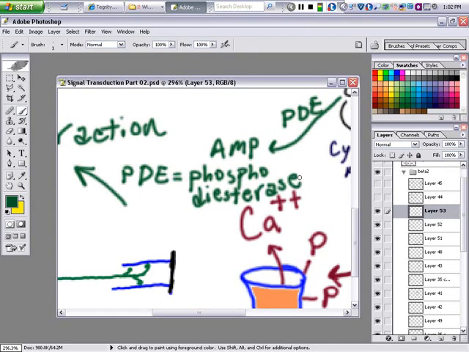So phosphodiesterase takes the cyclic AMP and breaks it down to AMP. Why do you need phosphodiesterase in your heart cell? Exactly. So your heart rate won't stay up all the time. You want your heart rate to go up when you need it to, but when you're finished with that stressful situation, you need phosphodiesterase to come in and convert that cyclic AMP to a non-stimulating form.